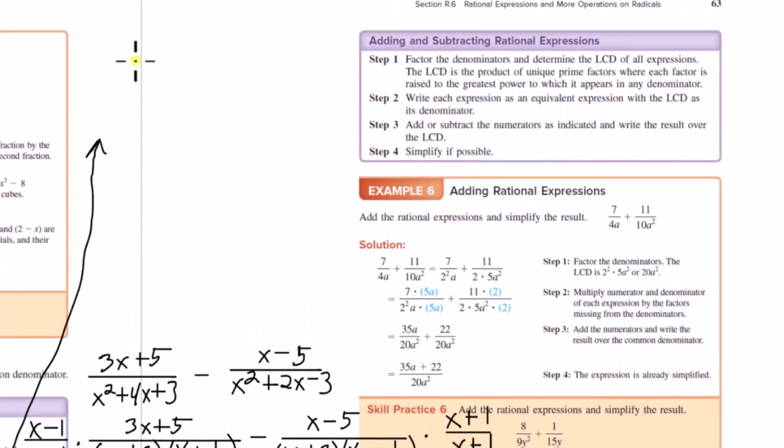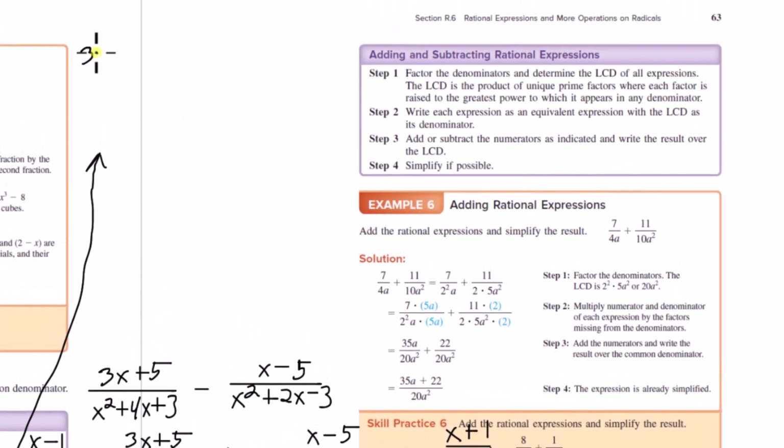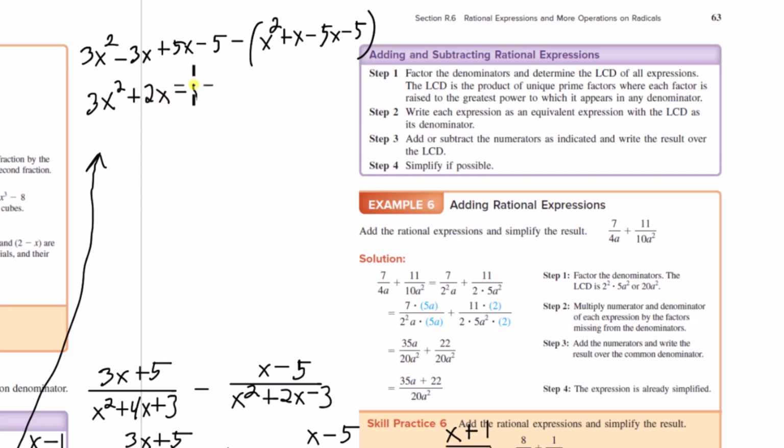So, okay, we've got 3x squared minus 3x plus 5x minus 5, and then minus all of this: x squared plus x minus 5x minus 5.